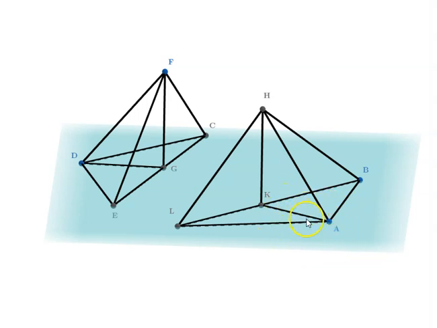The solid angle at A contained by BAL, BAH, and HAL is equal to the solid angle at D. But we have to prove that, right? So let's take it step by step.